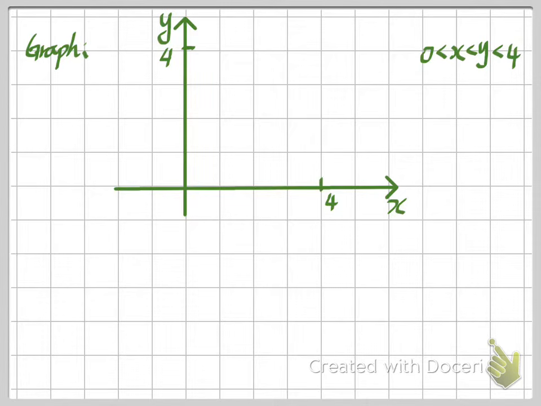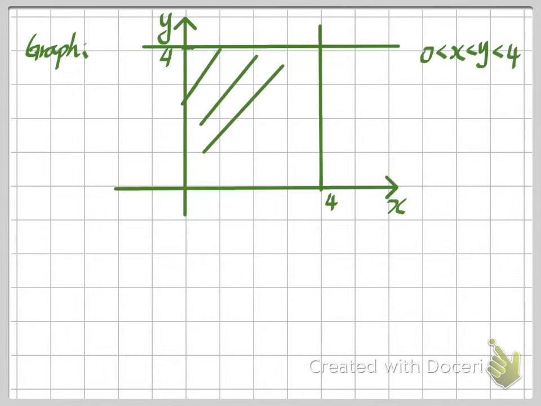We know our region should be inside this square, from 0 to 4. The next thing is that, besides x and y being between 0 and 4, we also have another condition: x should be smaller than y.